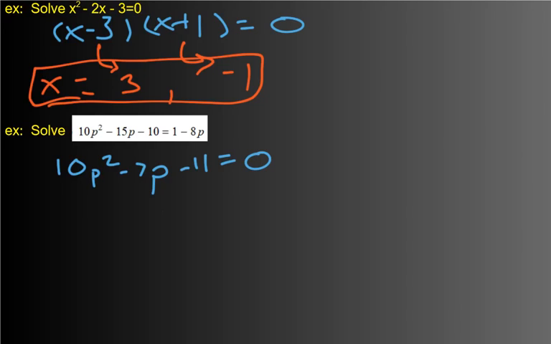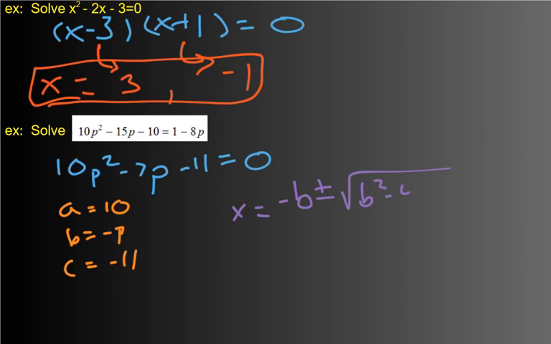So, A is the 10, B is the -7, C is the -11. And then I'm just going to go to the quadratic formula. I'm going to plug the right things in. So -b plus or minus the square root of b squared minus 4ac, all over 2a.